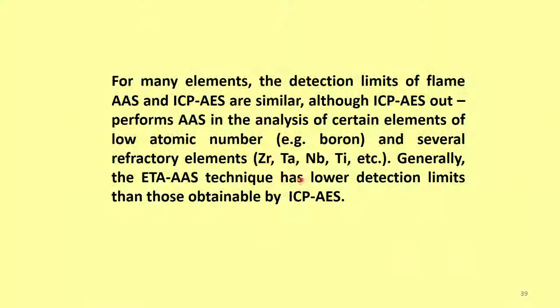So, several refractory elements are there. In atomic absorption, techniques for these will fail, because most of these elements do not melt at atomic absorption temperatures of about 2200 or 2300, maybe even up to 3000. Many elements do not melt at all. If they do not melt, they will not produce atoms, they do not vaporize.